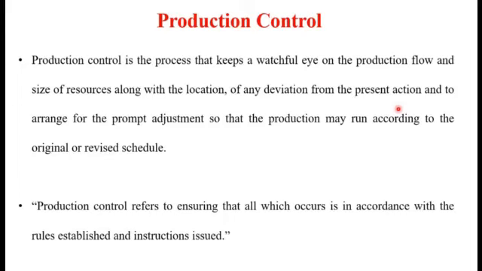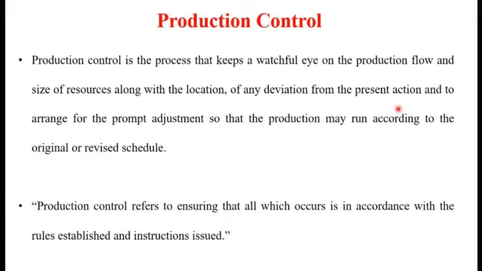So production control is related to the plan which plans, directs, and controls material inventory in industries, various operations, and manufacturing. Then again, production control is the process that keeps a watchful eye on the production flow and the size of the resources along with their locations.